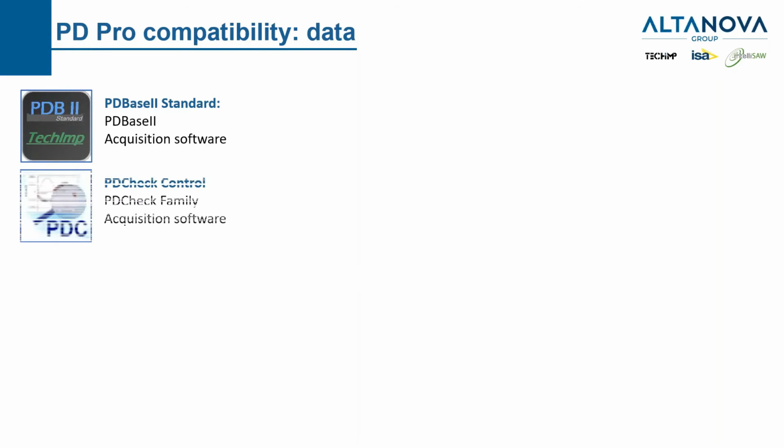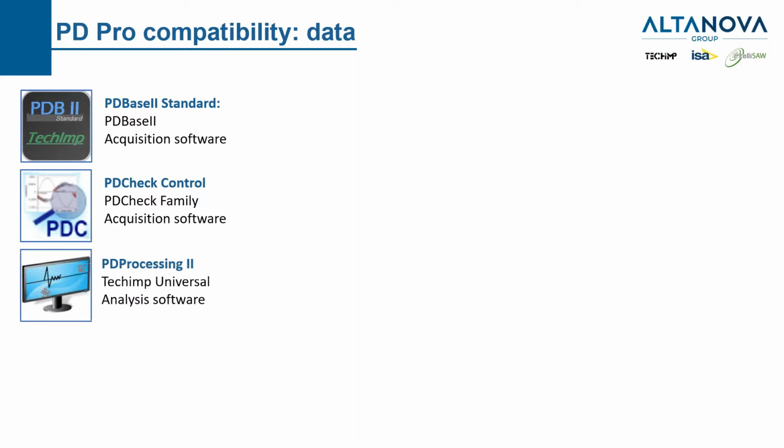So, if some of you have experience with the Techimp instruments and software, you know that there are several software packages. Those are used with the different equipment and at different stages of the data analysis and data acquisition. There is the PDBase standard, which is the software to acquire PD tests in the laboratory with PDBase2. There is the PD check control, the software used to acquire data with the portable units or with the PD check first generation.